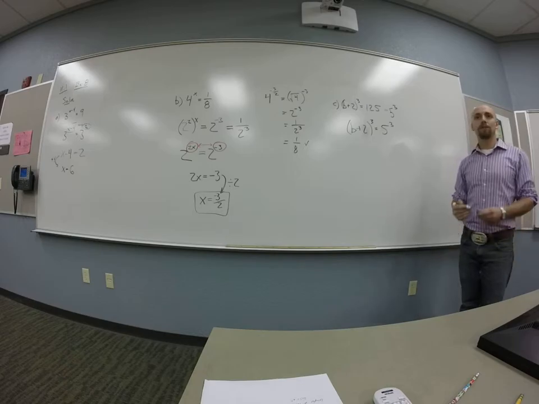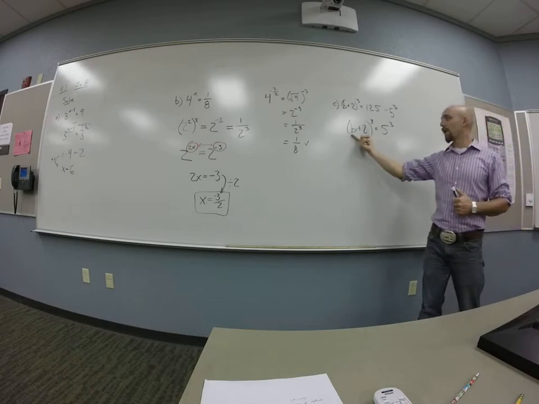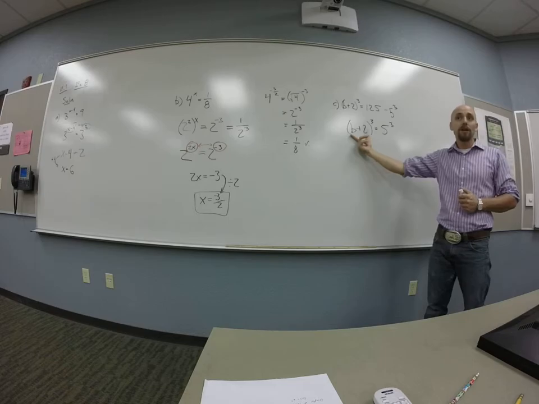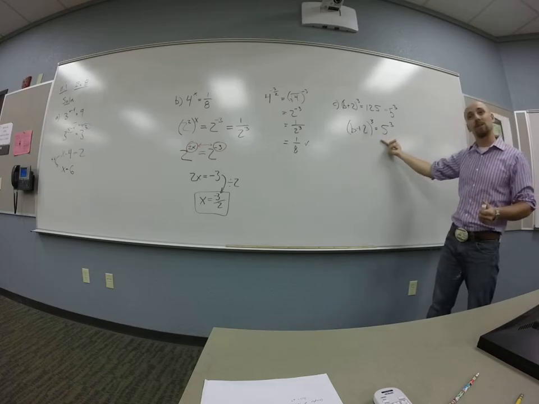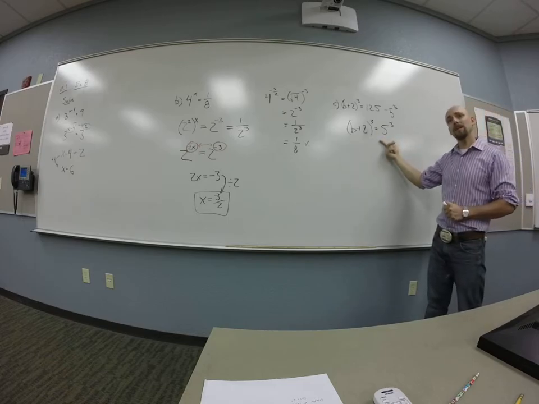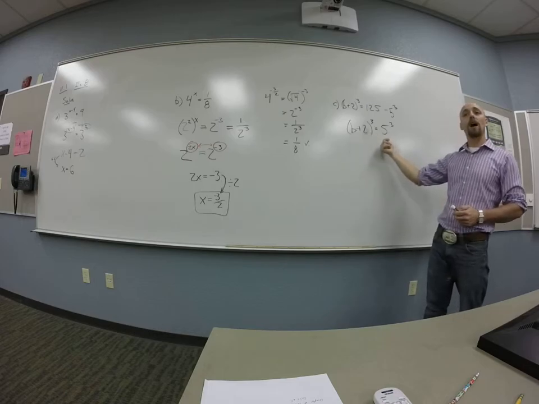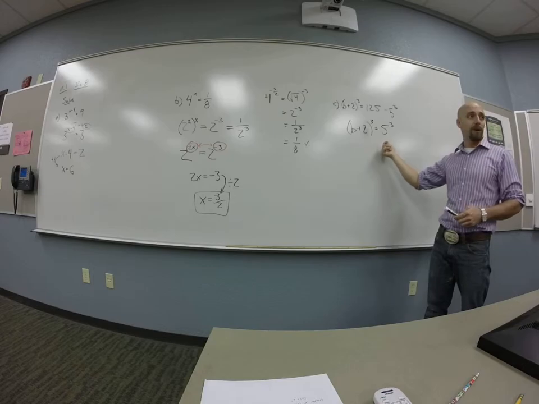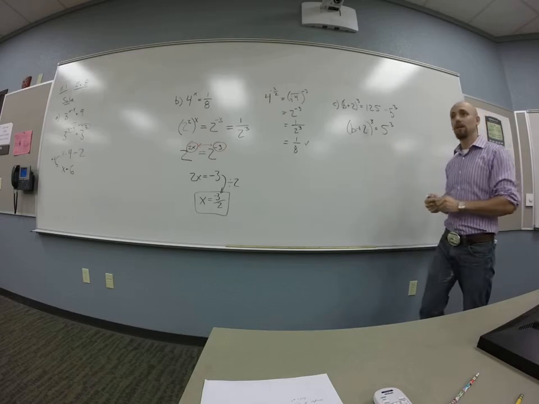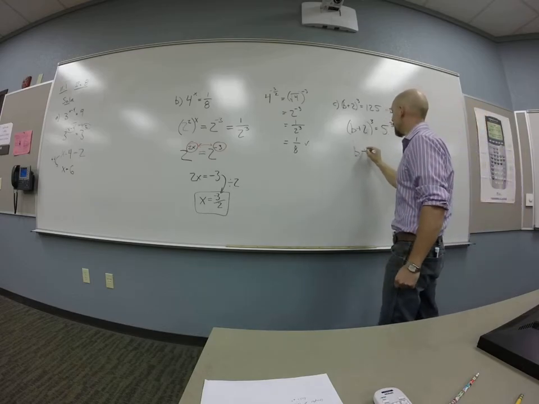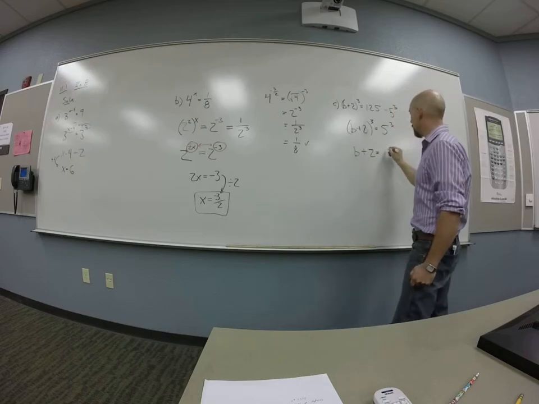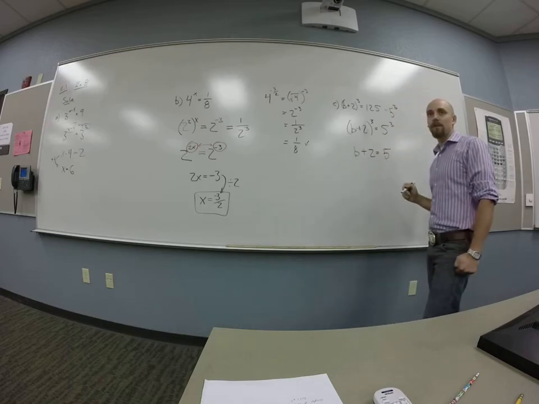So I've got 3 of whatever this thing is multiplied together. And that's going to be the same thing as 3 5s multiplied together. So this guy's got to be 5, which tells me B has to be 3. That's saying B plus 2 has to be 5.